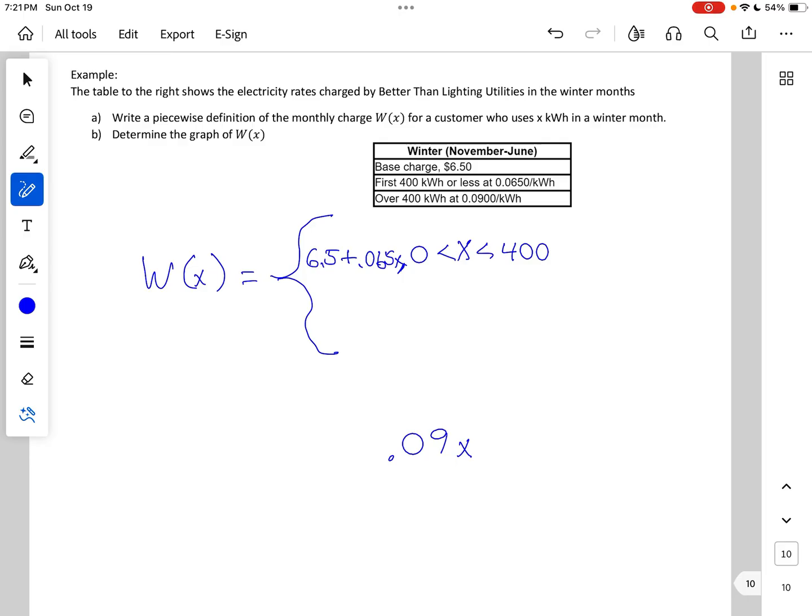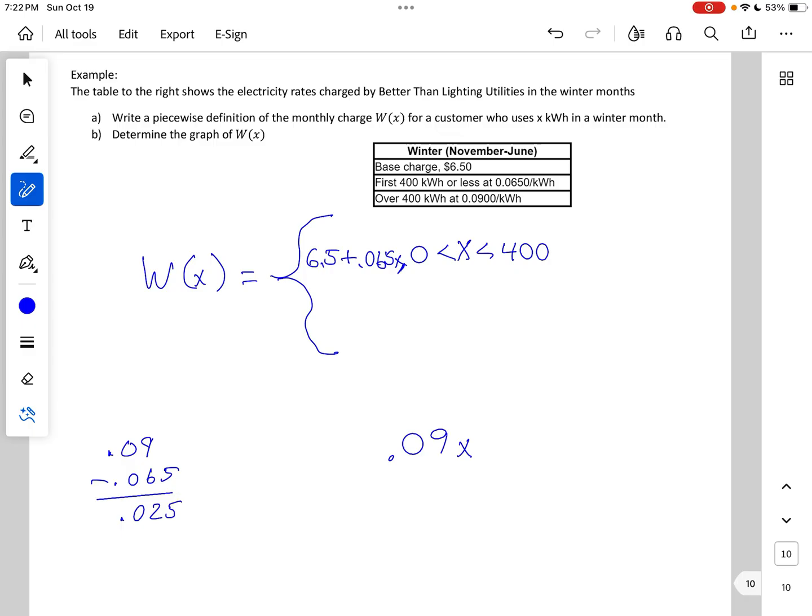But I've got to calculate what the difference is between 0.09 and 0.065. So if I do 0.09 minus 0.065, what will that be? So we put that in our calculator, 0.09 minus 0.065. That gives me 0.025.